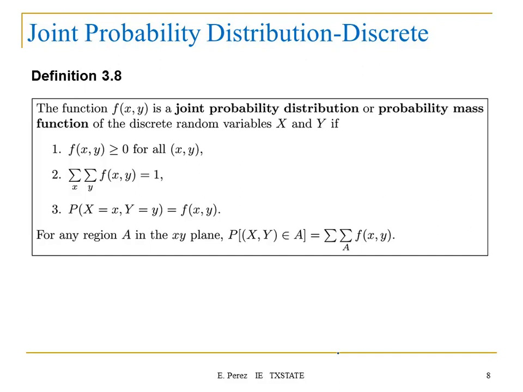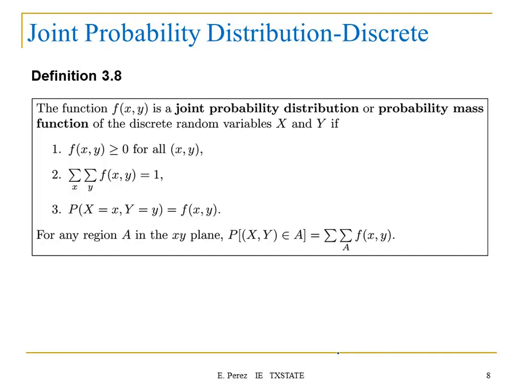And if you want to find the probability for a particular region, then you need to look at the summation over the ranges that you have for X and Y. So we're going to sum those probabilities for X and Y. Do you remember what we used to do for continuous to get the probability? The integral, right?